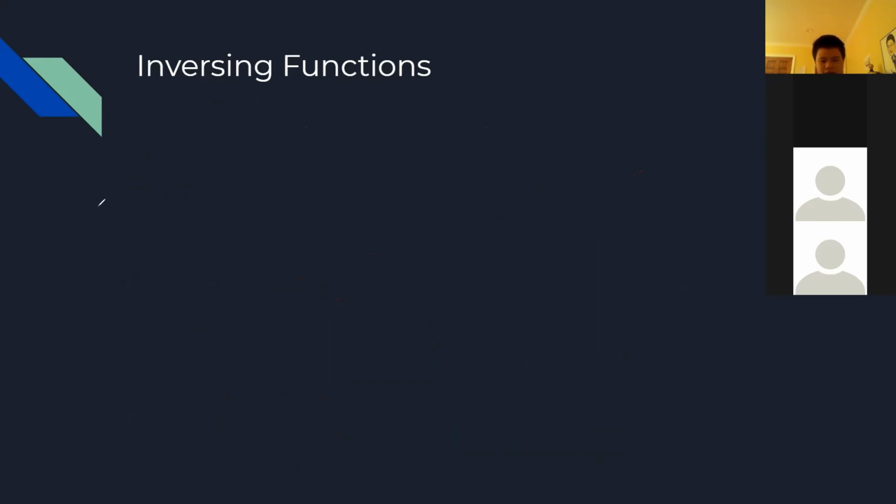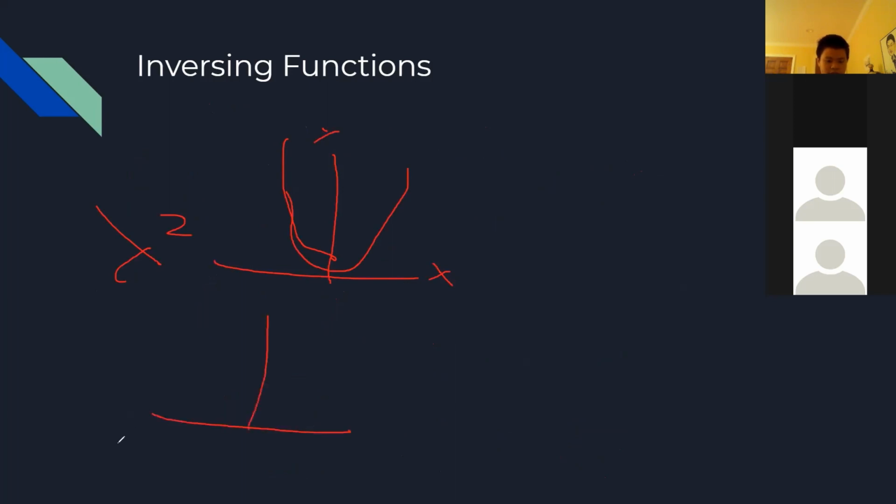So why is this? Let's look at x squared. It looks something like this, and a linear equation looks like this. I talked about how an input can have multiple inputs leading to it.